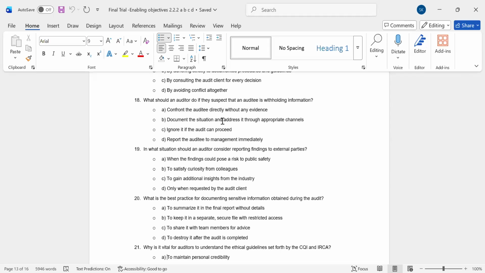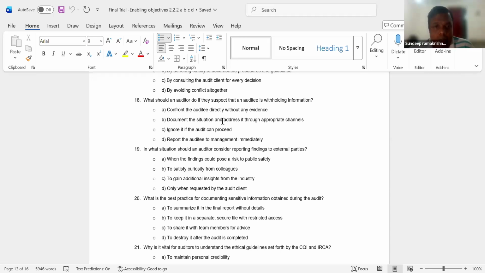He may keep whatever information he feels he should not share with you confidential. We cannot ask him to share confidential information. We cannot force an auditee to share information. Yes, sir. Whatever he feels he will share, that only he will share. And as an auditor, you can never use force. Please remember that. Yes, sir.